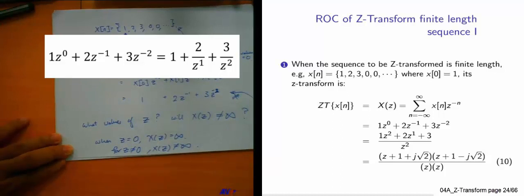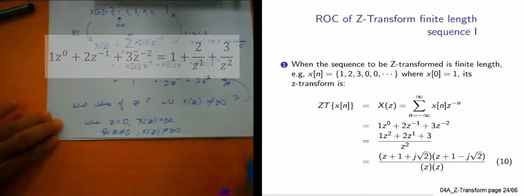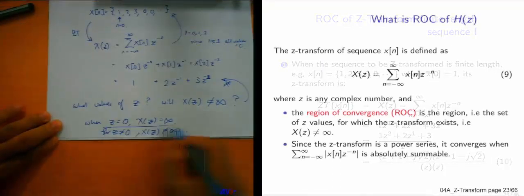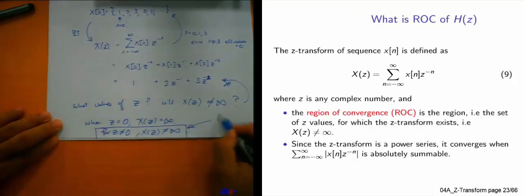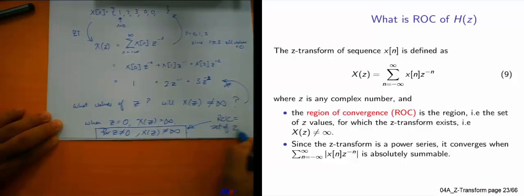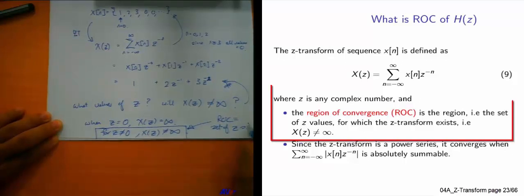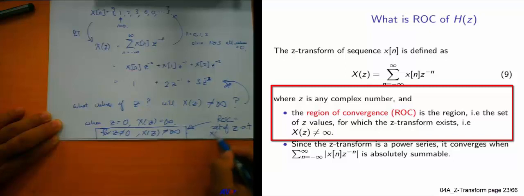Correct? So the region of convergence is what? ROC is equal to the set of z such that X(z) is not equal to infinity.